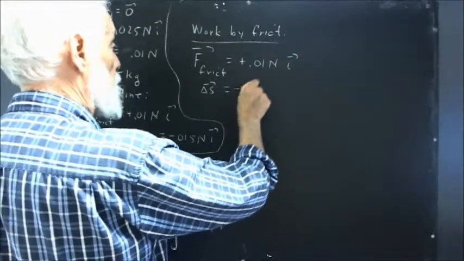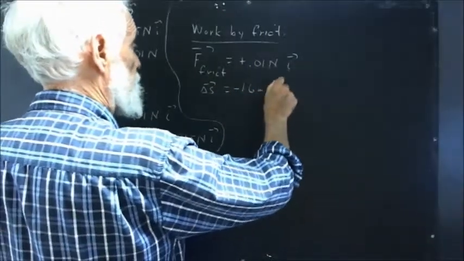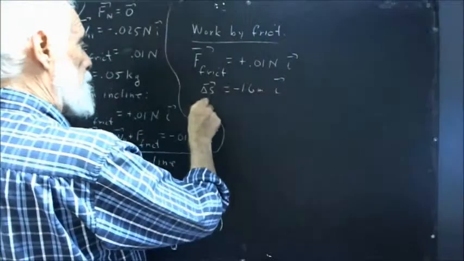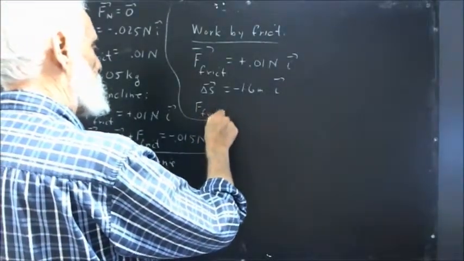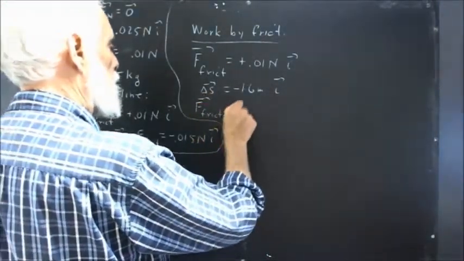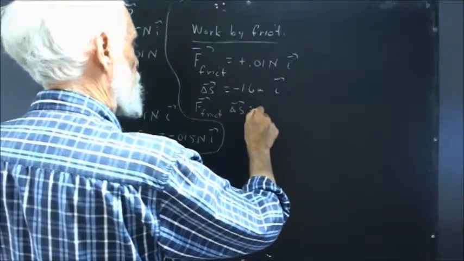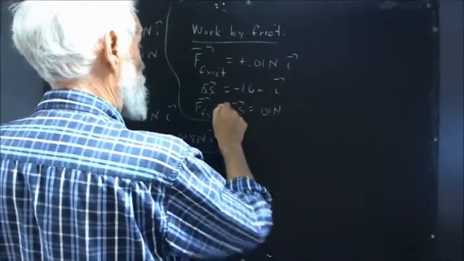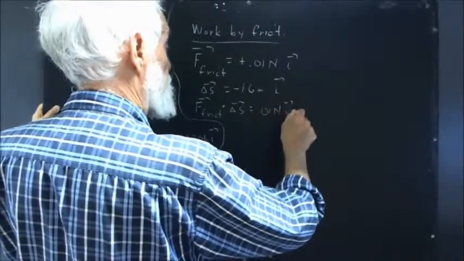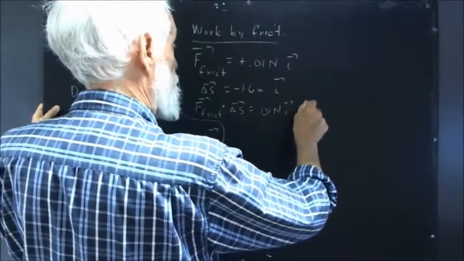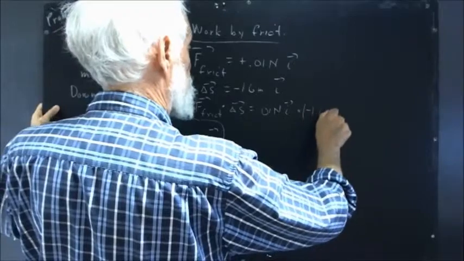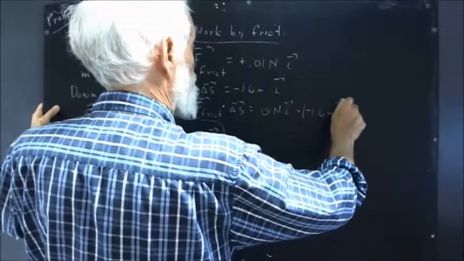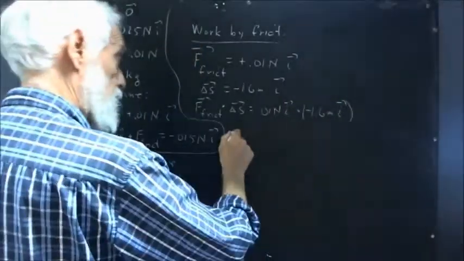It's negative 1.6 meters times i. So F friction dot delta s is 0.01 newtons i dot negative 1.6 meters i.